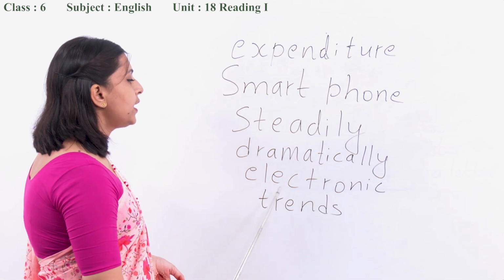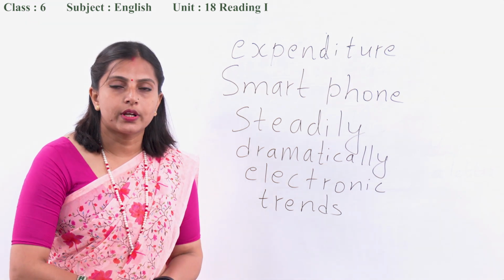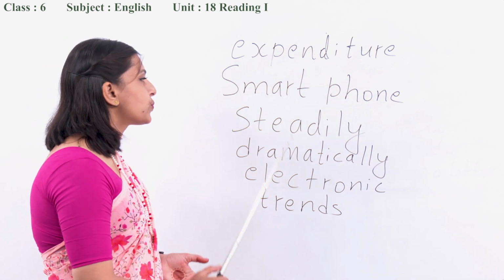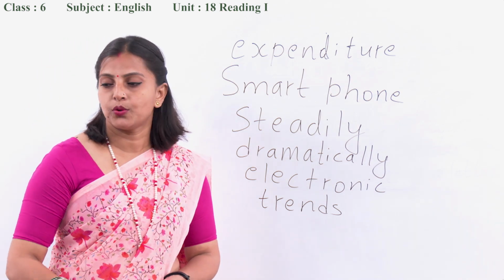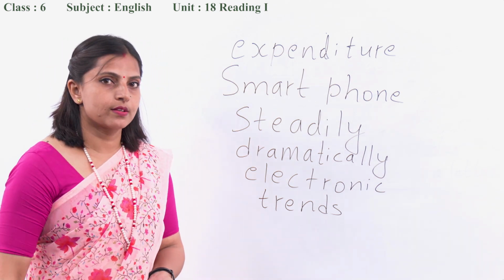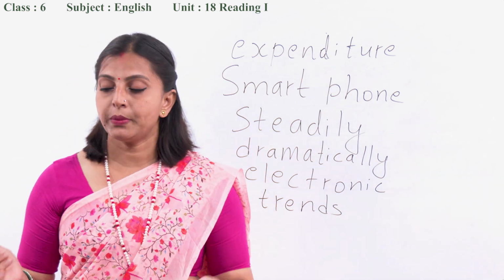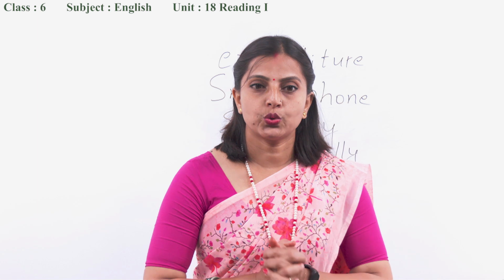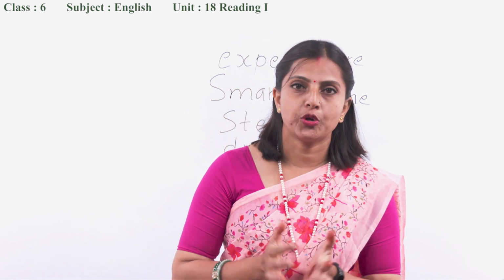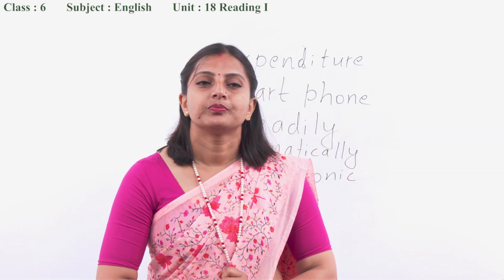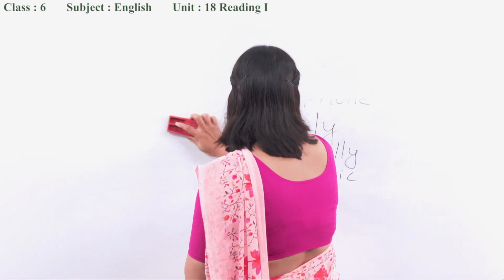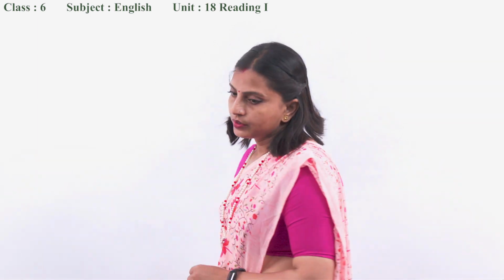And the next one is electronic. Say electronic. And the last one is trends. Okay, so we shall learn the meanings of these words in the text, but you need to know how to pronounce them. All right, can you pronounce them now? Okay, very good. So let's move to the text now.